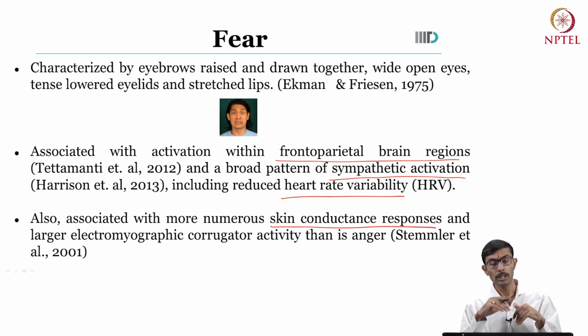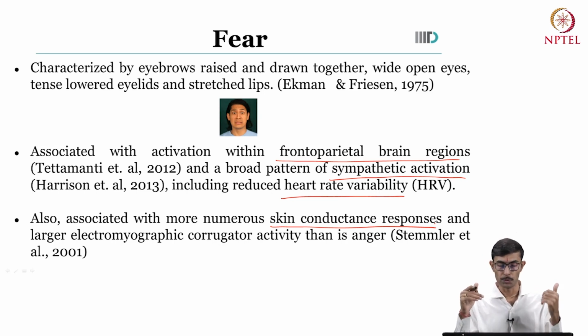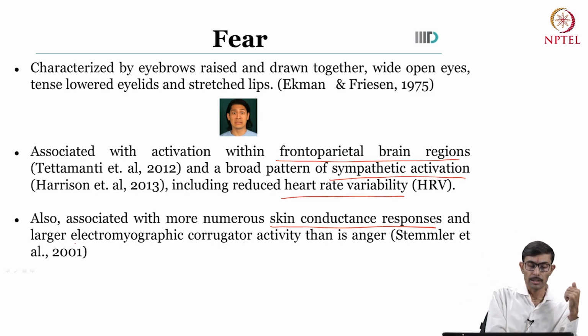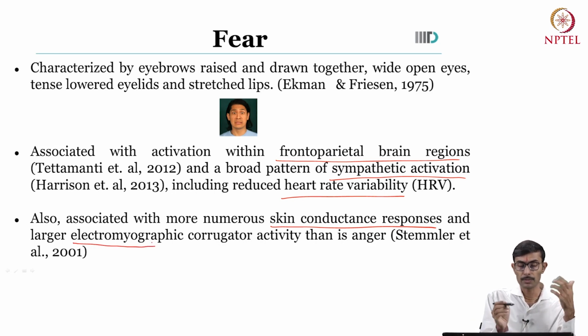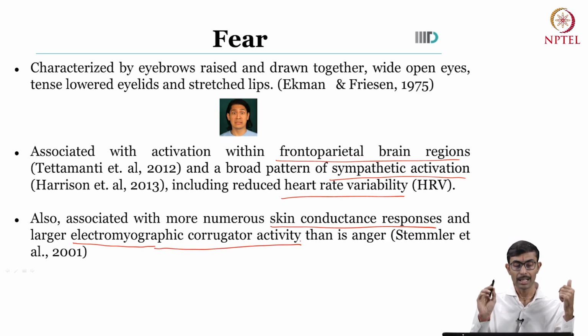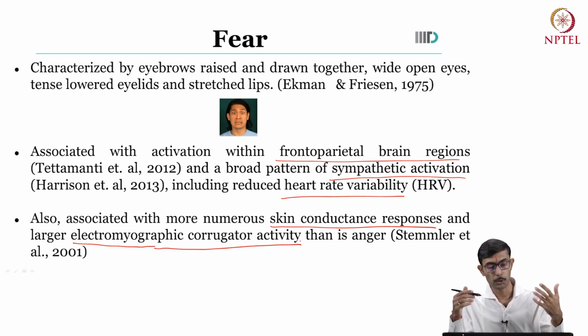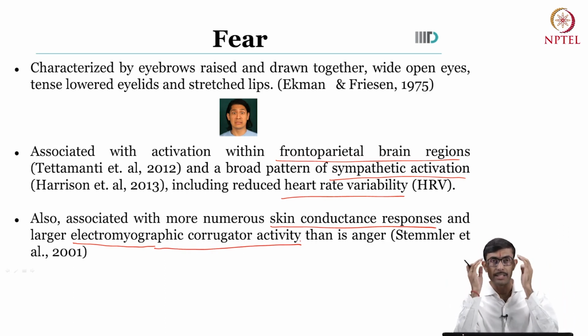Similarly, with fear we can also look at the skin conductance response, and a higher skin conductance response has been found among users. Similarly, for facial expressions, fear is also indicated by larger EMG or electromyographic corrugator activity in the facial muscles, for example somewhere here.